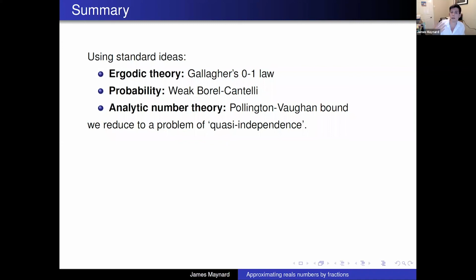And this reduces the whole problem to some idea of quasi-independence by showing that there can't be lots of pairs Q and R that have this linked arithmetic bad structure.